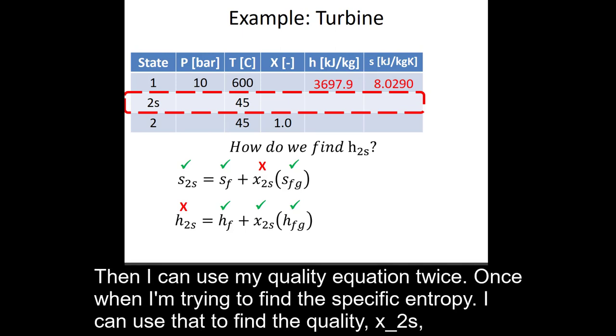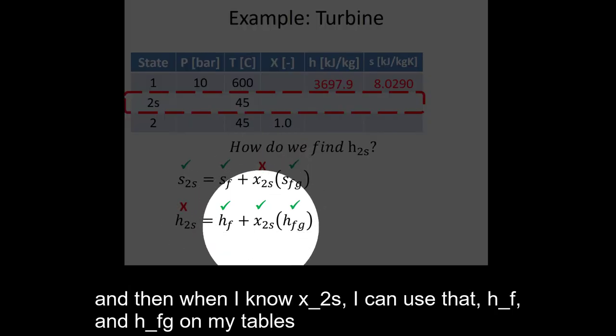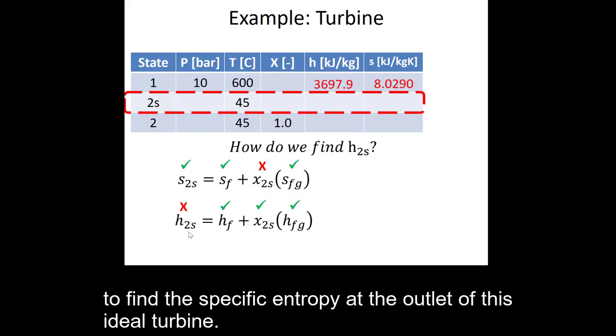Then I can use my quality equation twice. Once when I'm trying to find the specific entropy, I can use that to find the quality, x2s. And then when I know x2s, I can use that, hf and hfg, on my tables to find the specific enthalpy at the outlet of this ideal turbine.